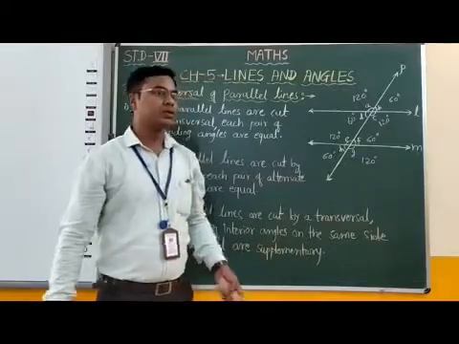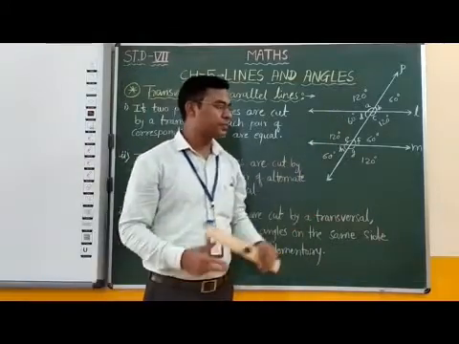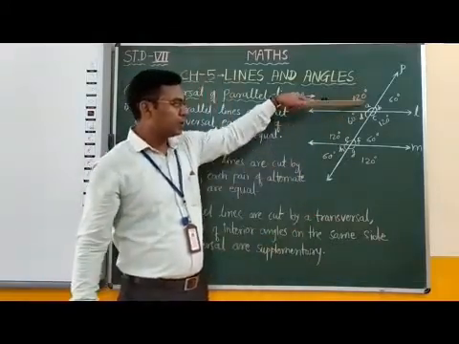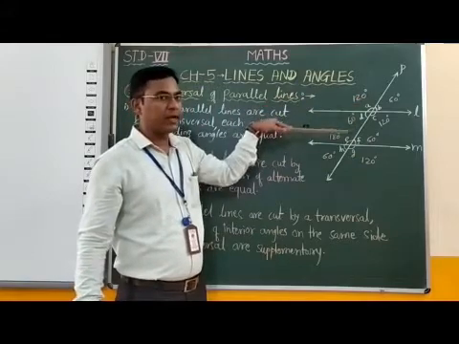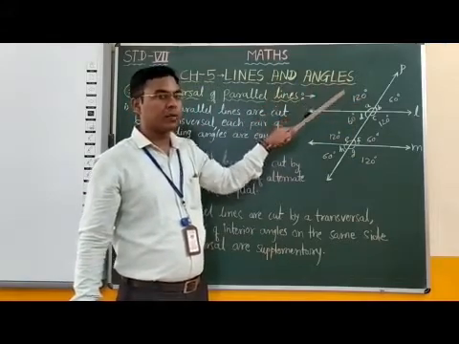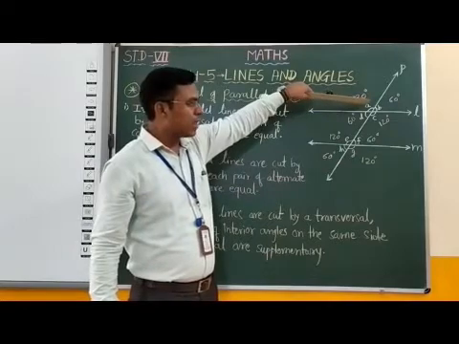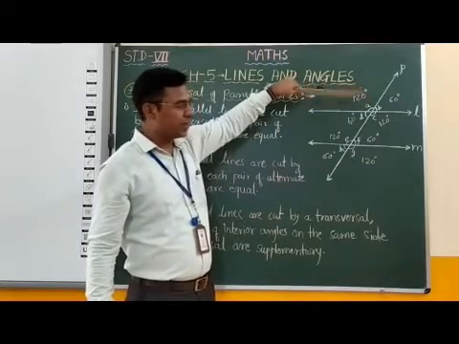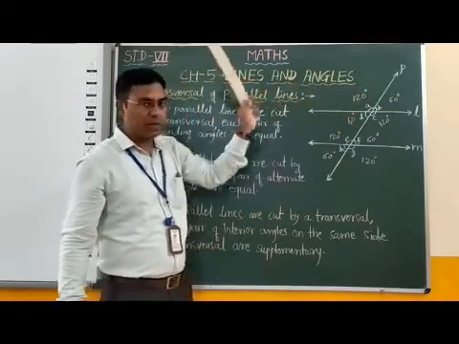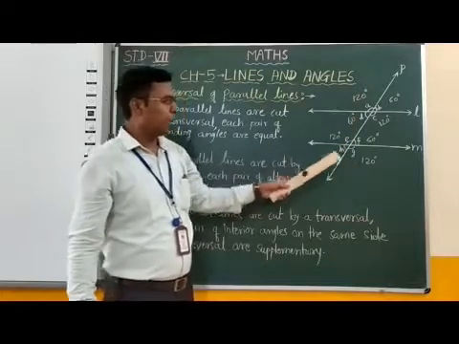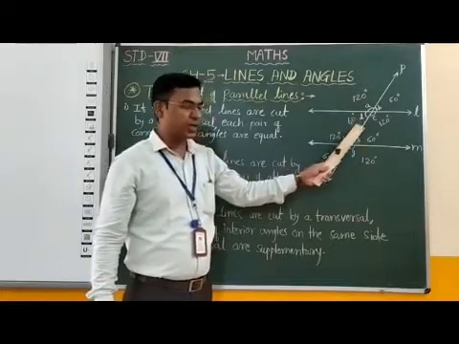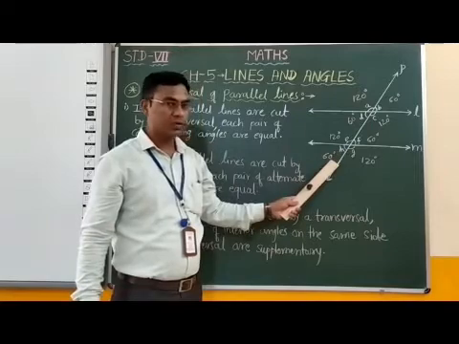Now, children, you observe here. If we observe the pairs of corresponding angles, angle A is equal to 120 degrees and angle E is equal to 120 degrees. Or angle D is equal to 60 degrees, angle H is equal to 60 degrees.